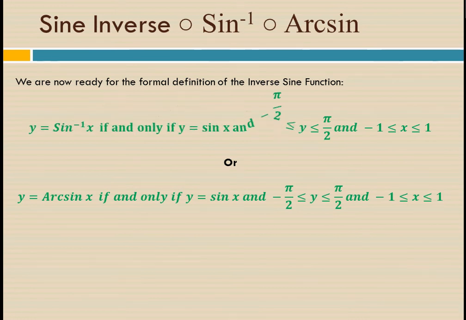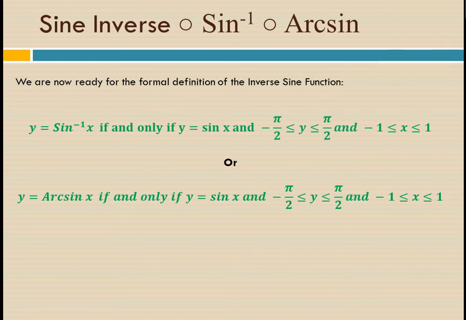So let's first look at this sine inverse. y equals sine inverse of x, and notice I'm not reading it sine negative 1. y equals sine inverse of x if and only if x equals the sine of y and y is between negative pi over 2 and pi over 2, and x is between negative 1 and 1. Now, notice we restricted the domain on the sine function to be between negative pi over 2 and pi over 2.